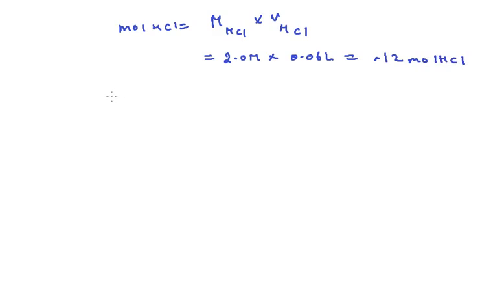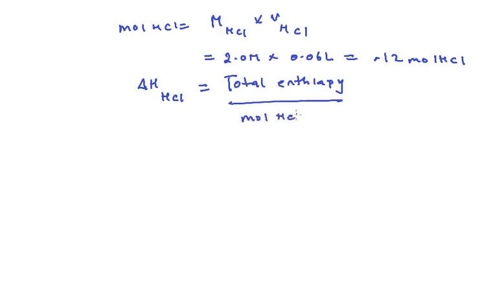So the enthalpy change for hydrochloric acid, delta H for hydrochloric acid, is going to be the total heat, total enthalpy, divided by the moles of hydrochloric acid. Now the total enthalpy that we had in the previous step was minus 4.514 kilojoules over 0.12 mole.